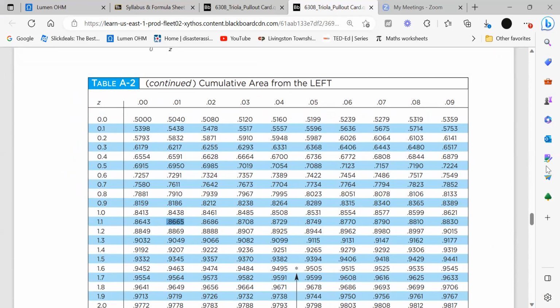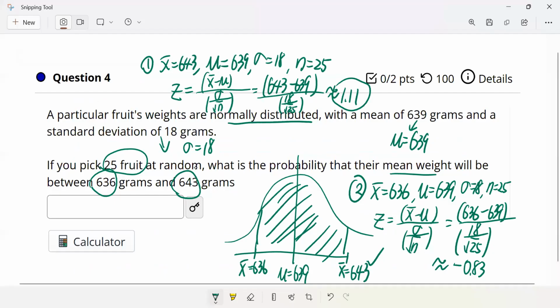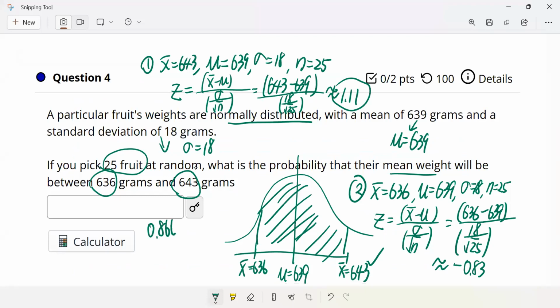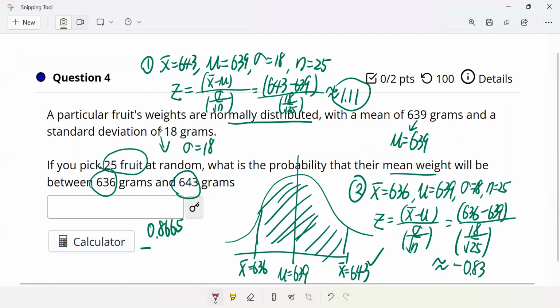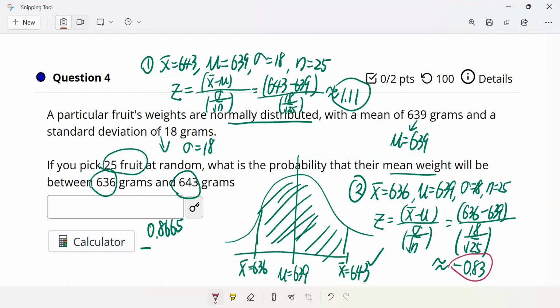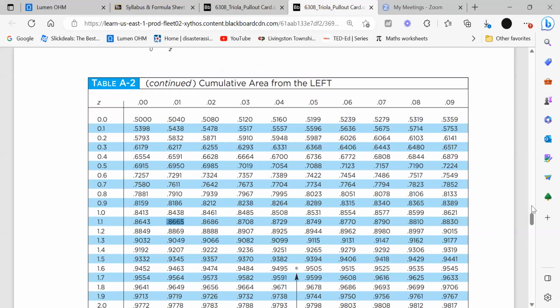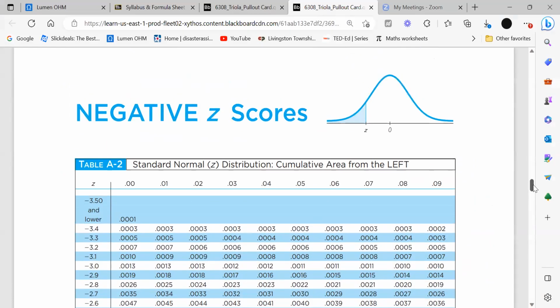Then we use the bigger probability minus the smaller probability, which corresponds with the z-score of negative 0.83.